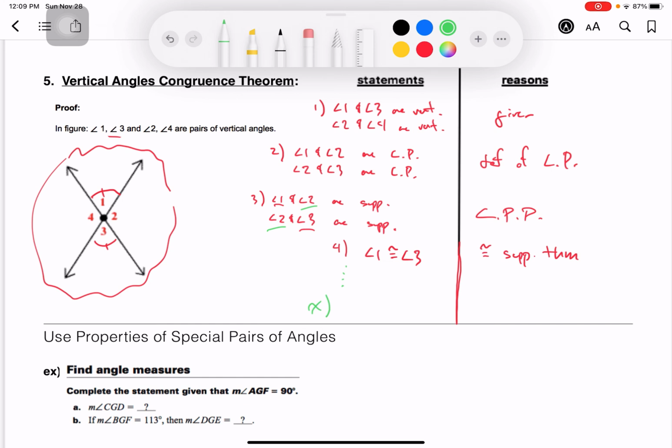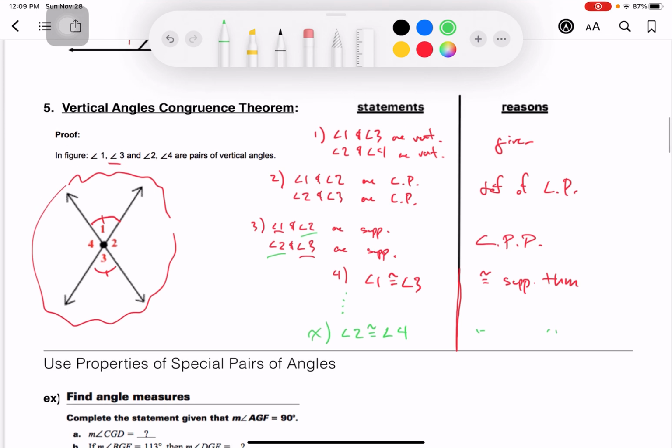We would also be able to say angle 2 is congruent to angle 4, probably for the same reason, congruent supplements theorem. We're just going to save that time because it would just be a replication of what we just said.